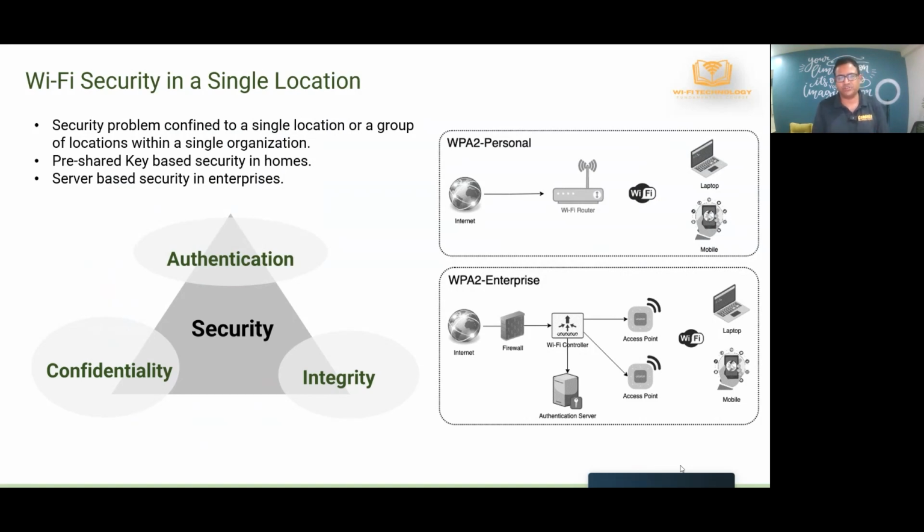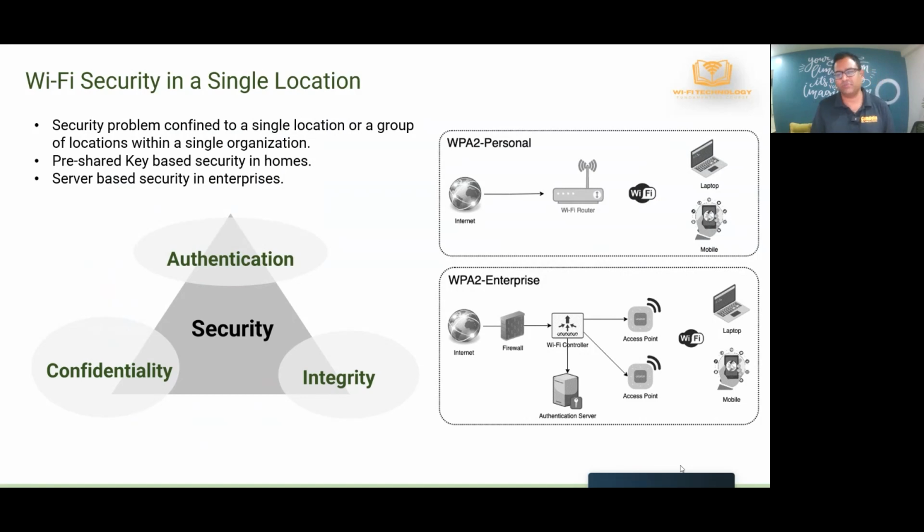If you consider your house as an organization or a location, then WPA personal authentication is about how you make that one location secure, how you make sure all the devices connected in that one location can get access to that network in a secure fashion, and how you make sure that other devices that are not supposed to be there do not get access to the network.